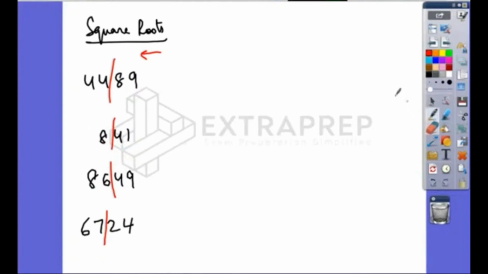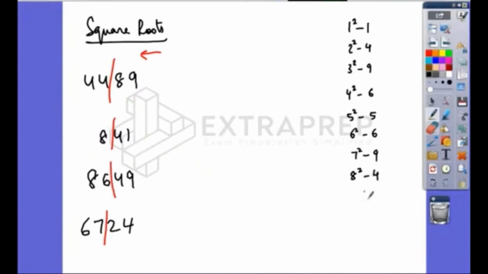Okay. Now before finding the answers, there's something that you need to understand. What's 1 square? 1. 2 square is 4. 3 square is 9. 4 square is 16. I'm only writing the last digit. 5 square is 25. 6 square is 36. 7 square is 49. 8 square is 64. 9 square is 81.